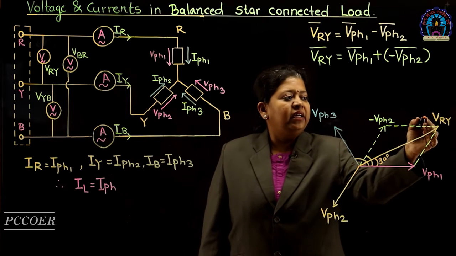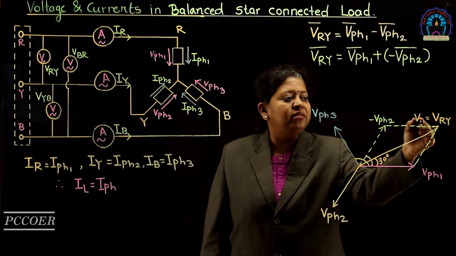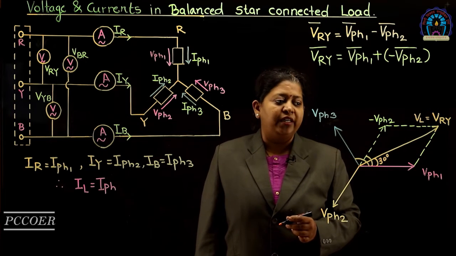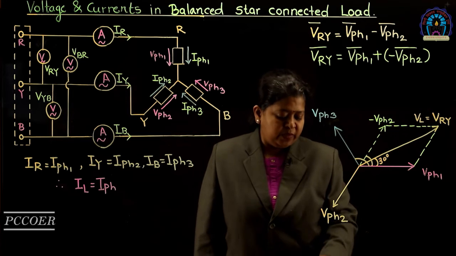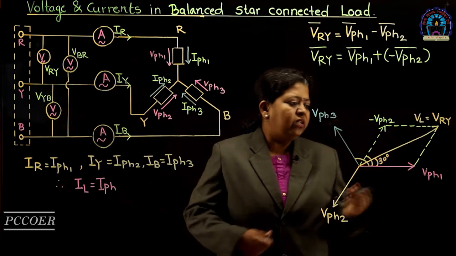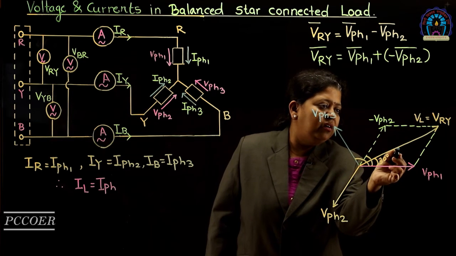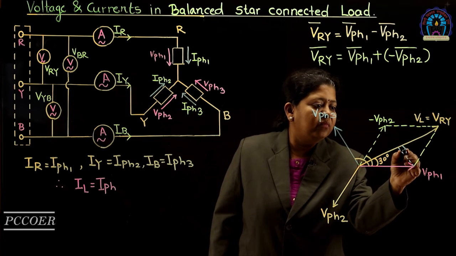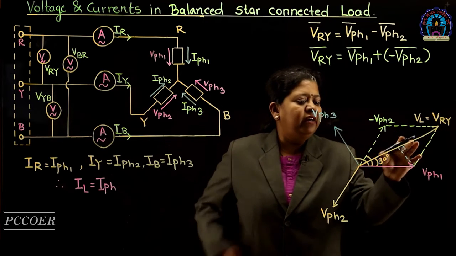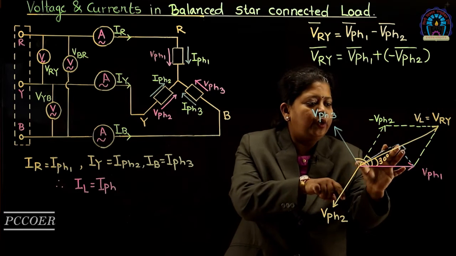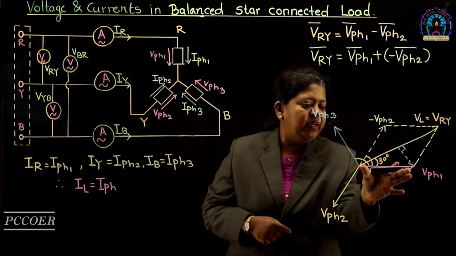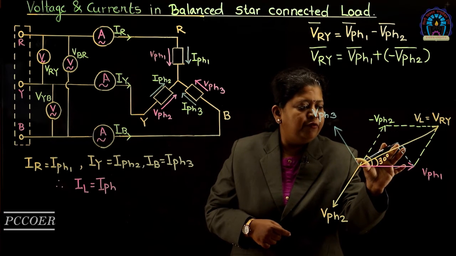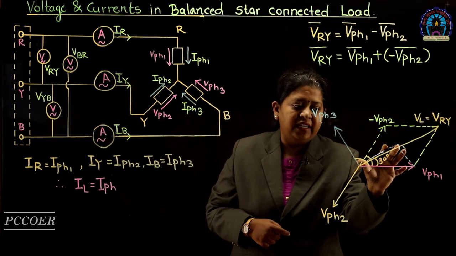Here VRY is the line voltage. We have to find out the relation between this line voltage and the phase voltage. For this, let us drop a perpendicular from the tip of VPH1 on VRY. It divides VRY into two equal parts. This is VPH1, so this distance is VPH1 cos 30 degrees.